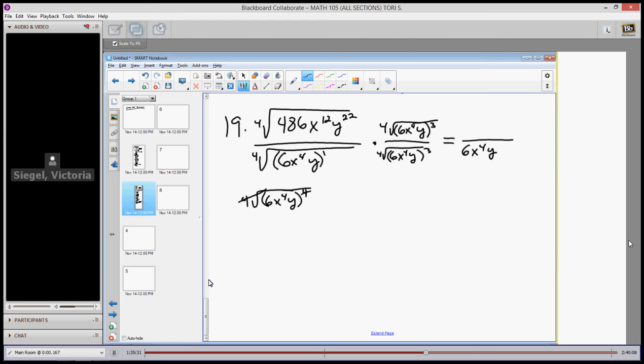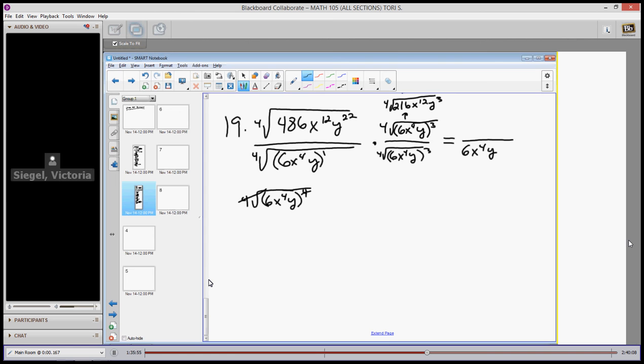So I would cube this first so that you don't forget about it. So with that cube, this cube is the fourth root of 216 x to the 12th y to the third.